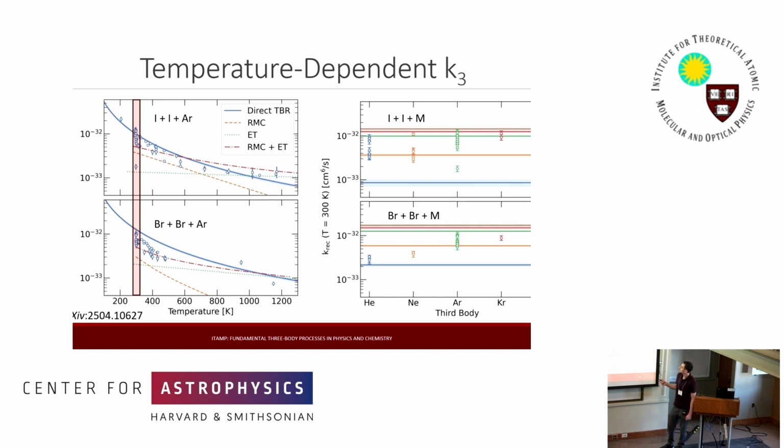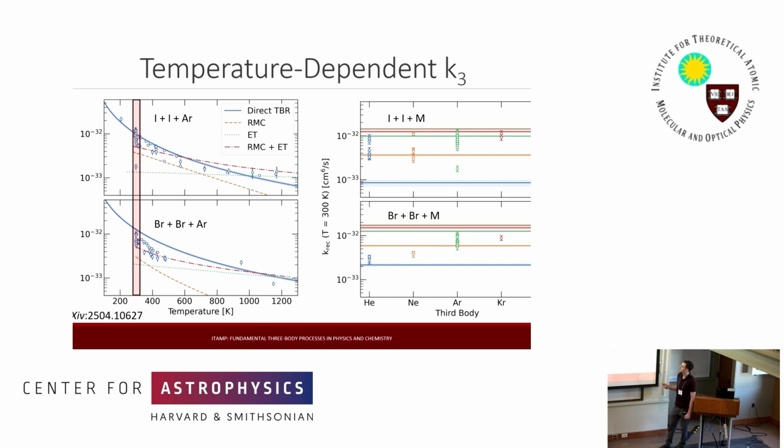We get pretty good agreement across all different systems. Notably, we capture the dependence on the third body. As third bodies get heavier, the recombination rate increases, and it scales accordingly to the experimental values, which is great.